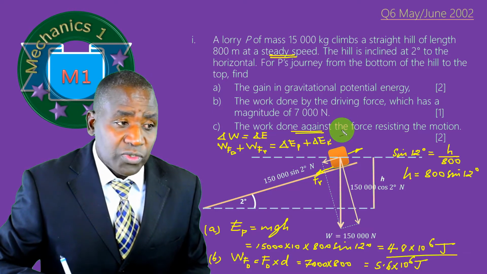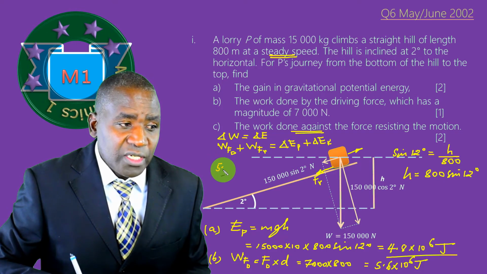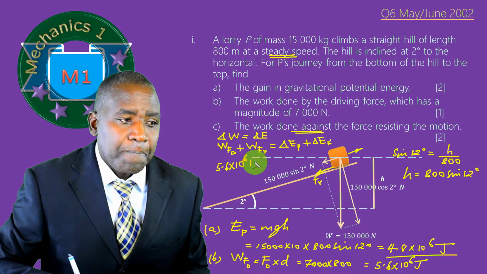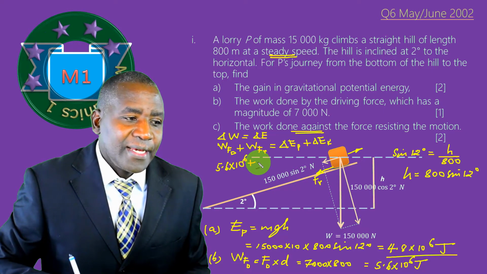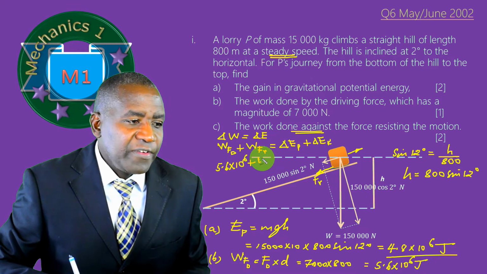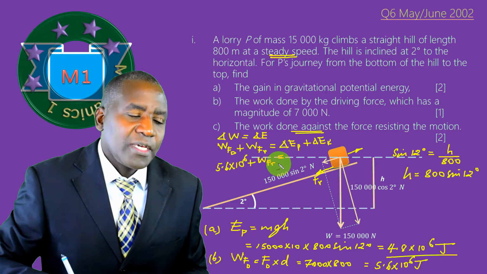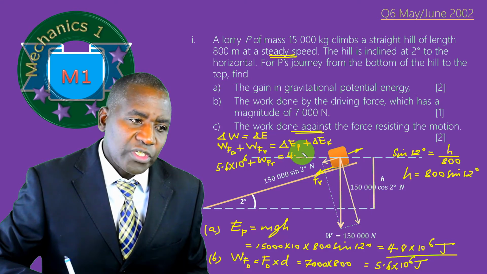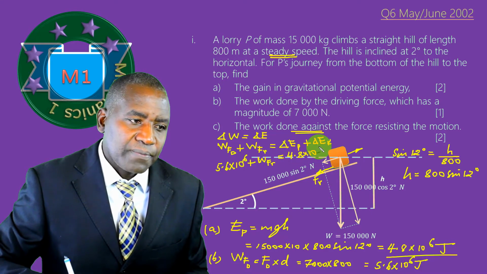And you see, I've got all these values. This is 5.6 by 10 raised to power 6. Work done by the friction force is negative. Let me leave it as work done by friction, just like that. It's going to be equal to gain in potential energy, which is 4.8 by 10 raised to power 6.